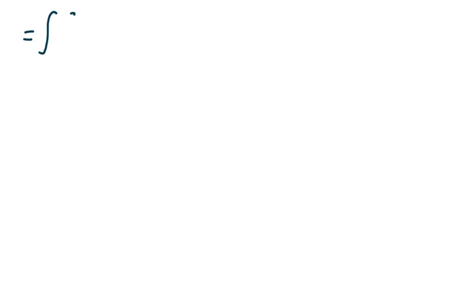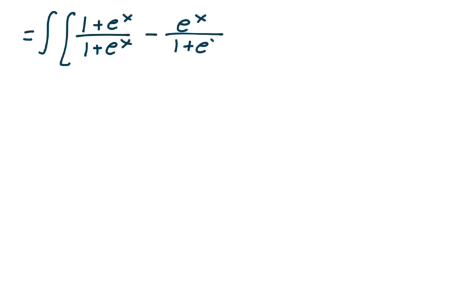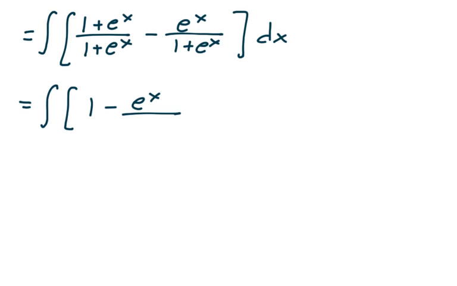So this is the integral of 1 plus e to the x over 1 plus e to the x minus e to the x over 1 plus e to the x dx. So this is the integral of 1 minus e to the x over e to the x plus 1 dx.